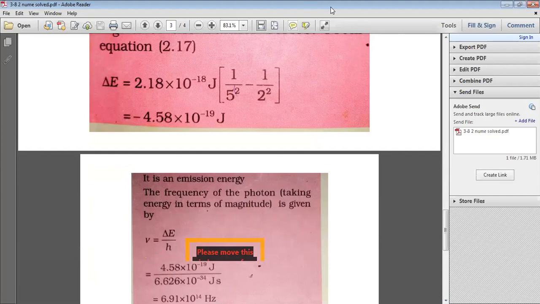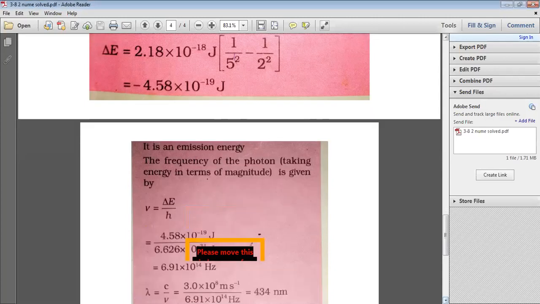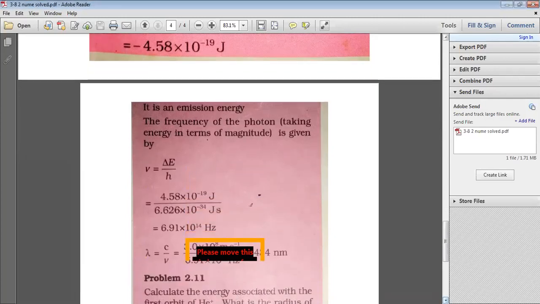So here n1 is 5 and n2 is 2. So from 5 the electron comes to 2, so the energy is emitted. As the energy is emitted, we have to put the value minus, and the answer is minus 4.58 into 10 to the power minus 19 joule.